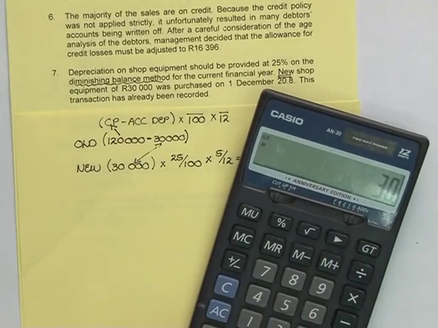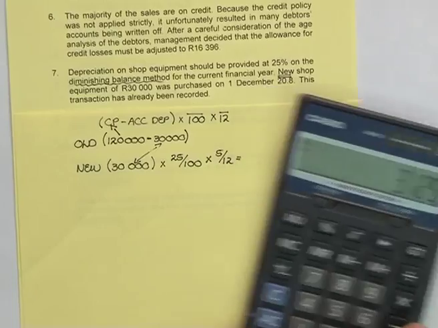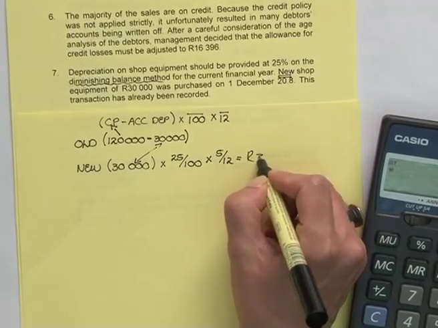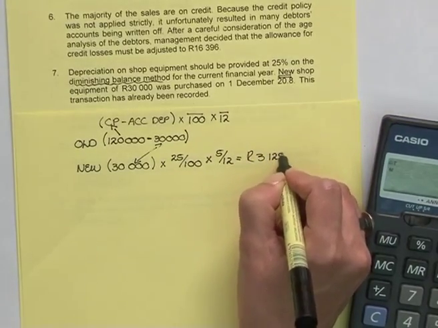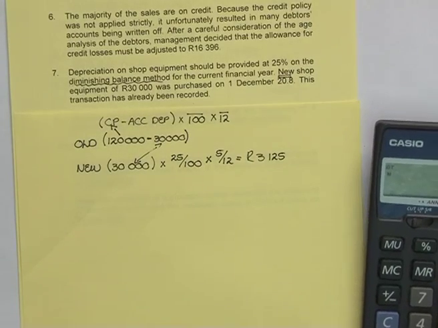So if we take the 30,000 rand times 25% for 5 months, that will give me 3,125. That's for the new equipment or the new shop equipment.